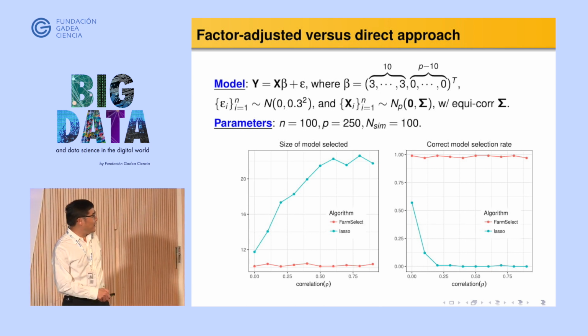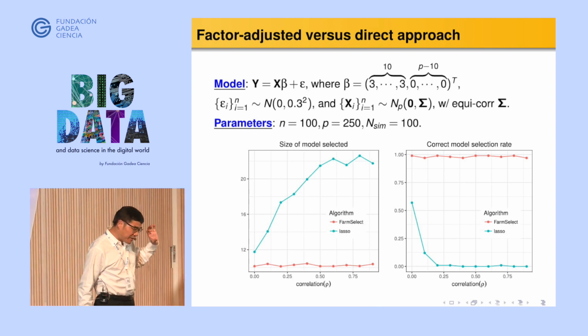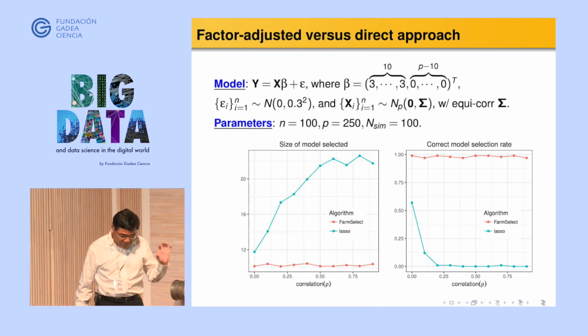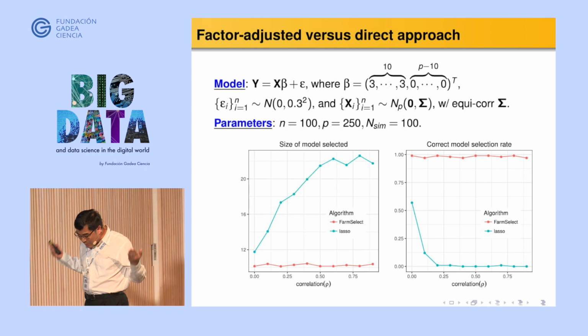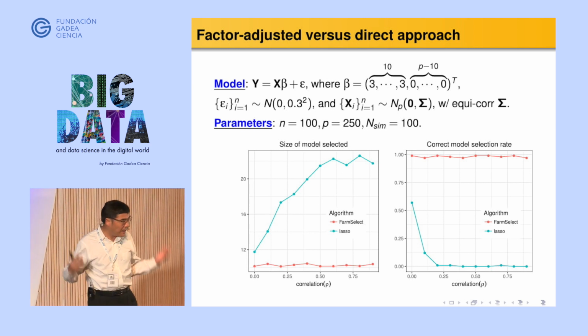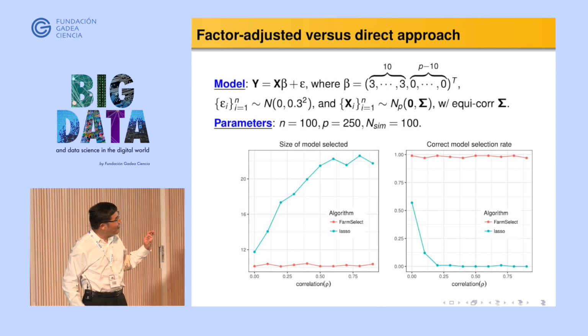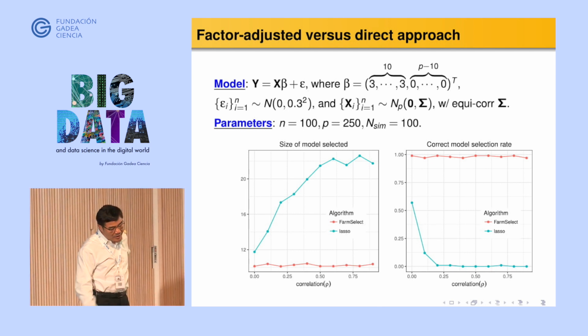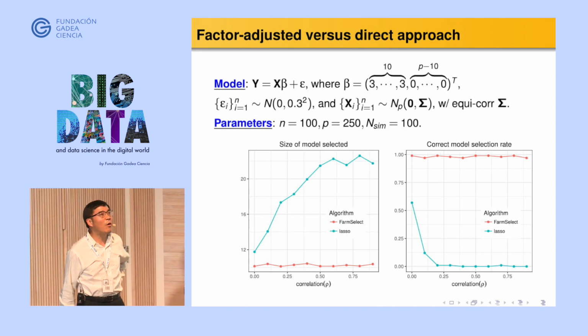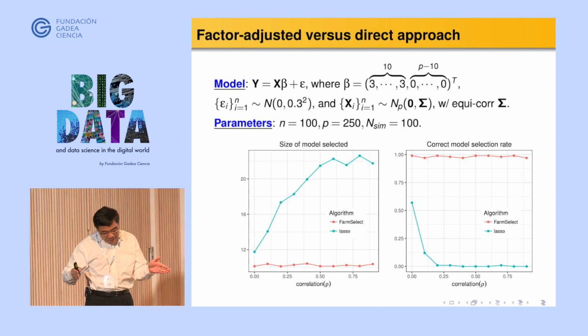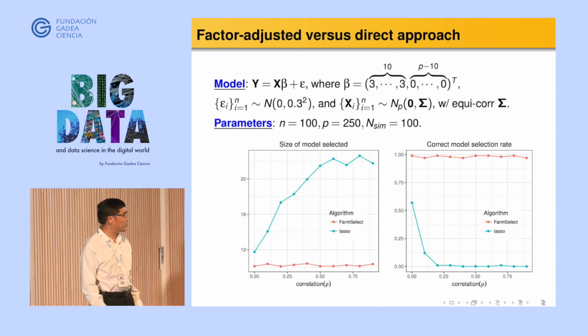On the other hand, if you do factor FarmSelect, by lifting the space just one more dimension, because there's only one latent factor here, you increase dimensionality from 250 to 251, using your latent factor plus idiosyncratic part as regression.